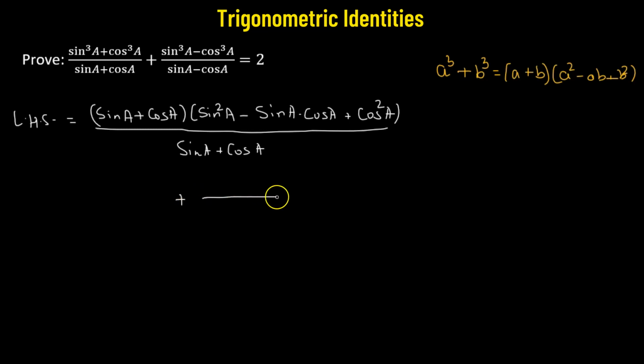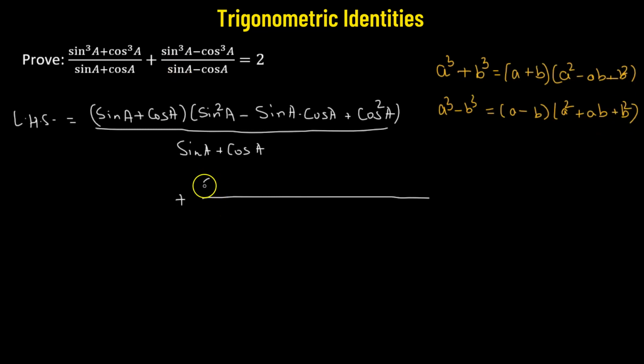In the second term, we have sine cubed a minus cosine cubed a. There we have another identity, a cubed minus b cubed, which can be expanded as the product of a minus b and a squared plus ab plus b squared.